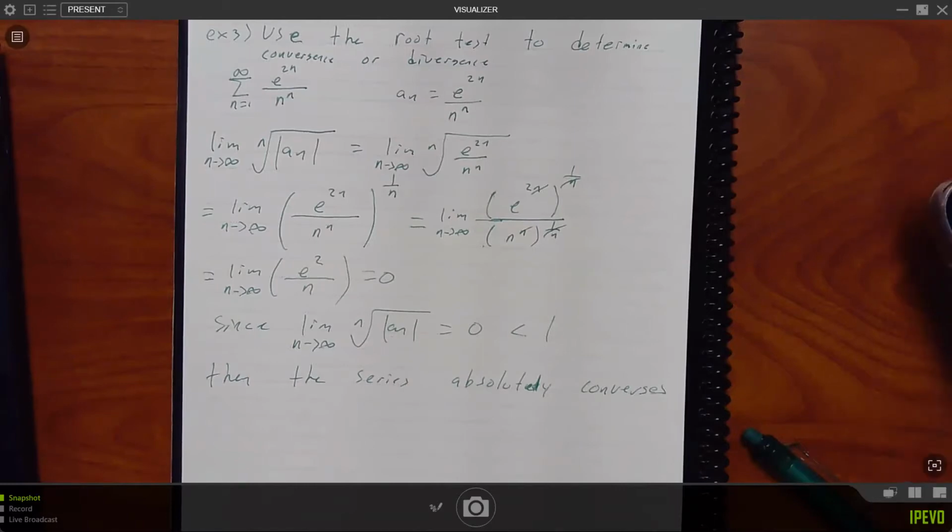Pretty much it for the root. I guess we're gonna do one more. We'll do one more root test.